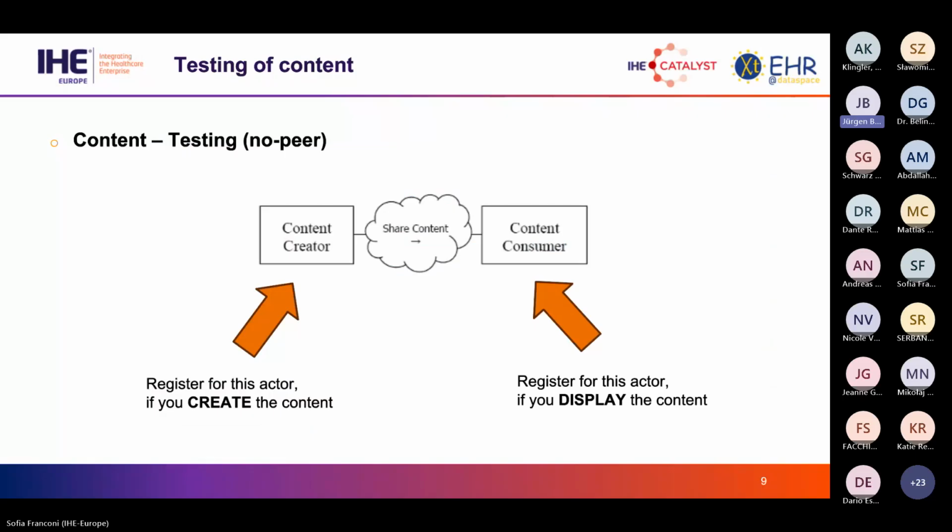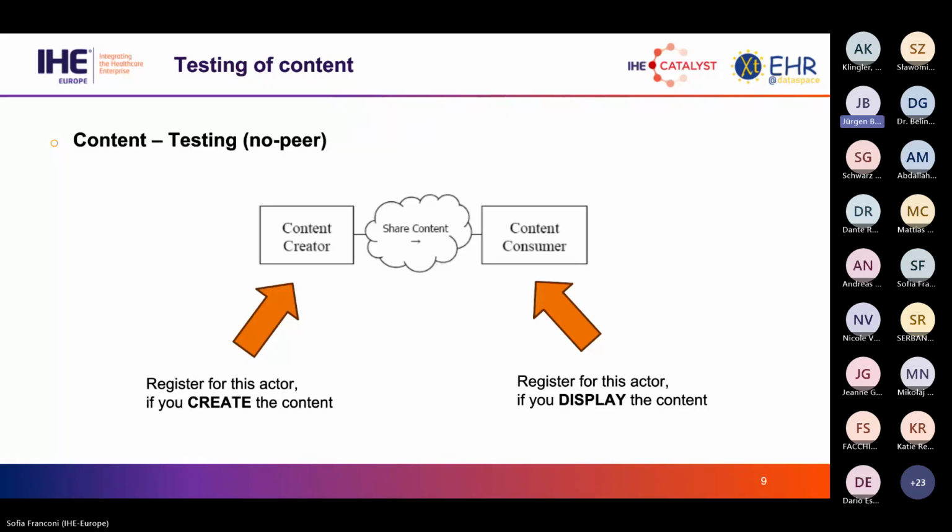Content testing is done as a so-called no-peer test. So you can come as a content creator. This actor is called the content creator actor. If your software is able to create, for example, a lab report or any of the other documents, then please register as a content creator for that respective type, for example, discharge summary content creator.